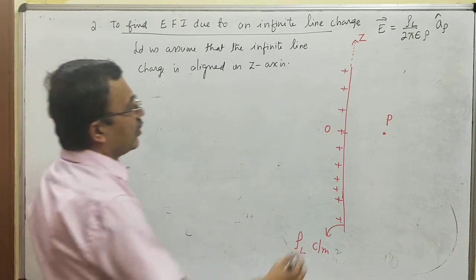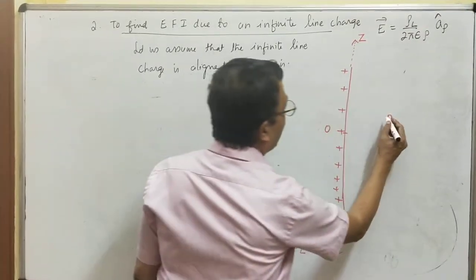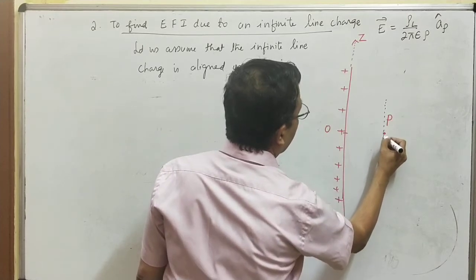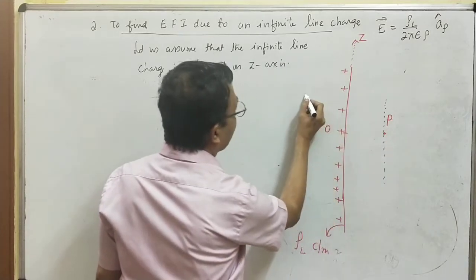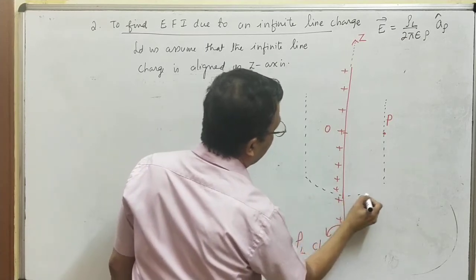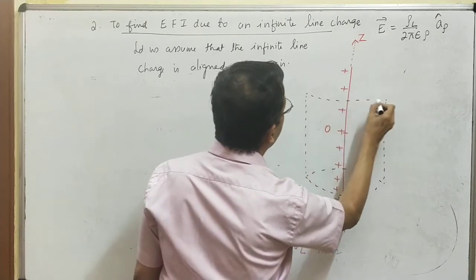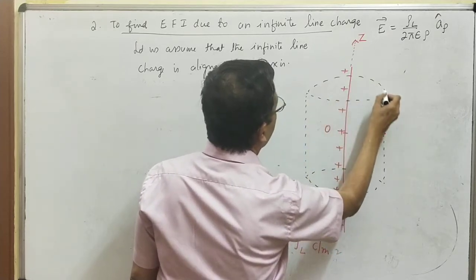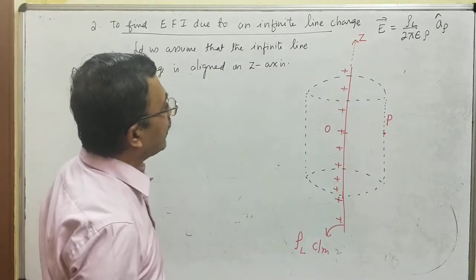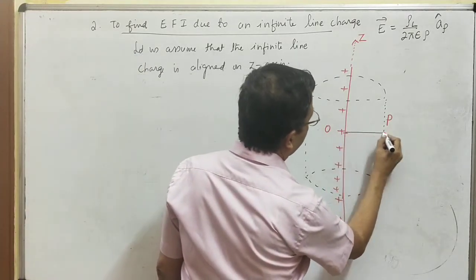Okay. Next is selection of Gaussian surface. So Gaussian surface is selected to be a cylinder. The radius of the cylinder is rho.